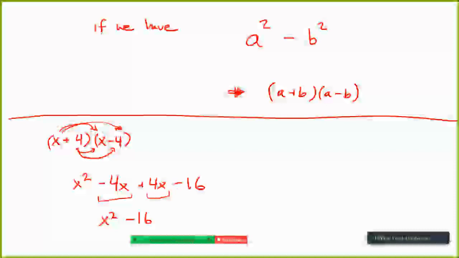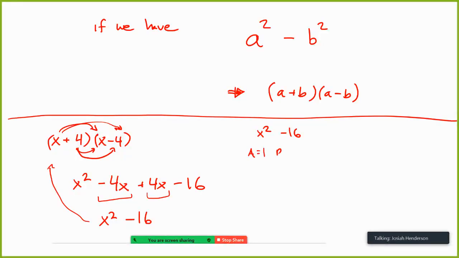And then, of course, factoring is working backwards. So if we started with the binomial at the bottom and worked backwards, we should be able to get x plus 4, x minus 4. Now, here's another quick thing I want to say. If you don't remember the shortcut that I'm teaching you today, you can still factor x squared minus 16 using our 6 steps, and it'll still work. For x squared minus 16, our big A is 1. There's no b there, so we say that's 0, and our c is negative 16.